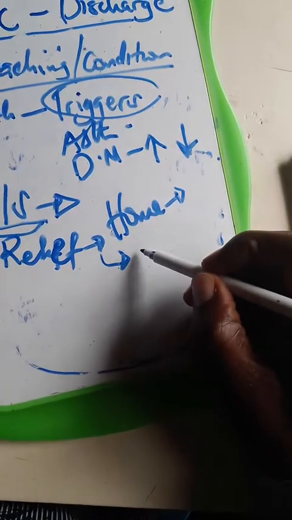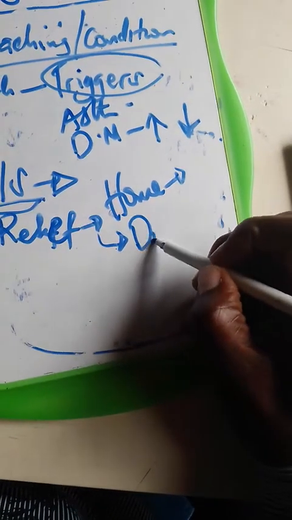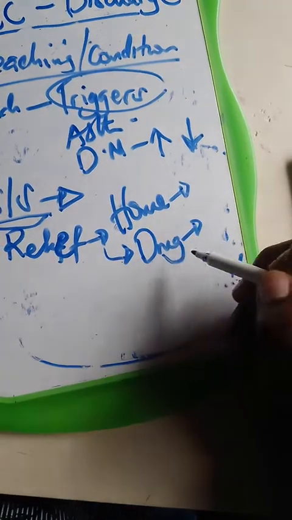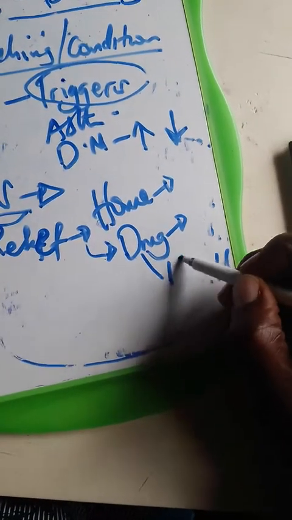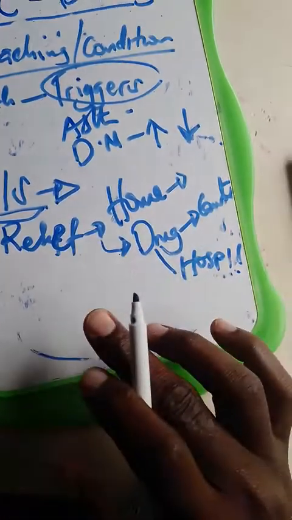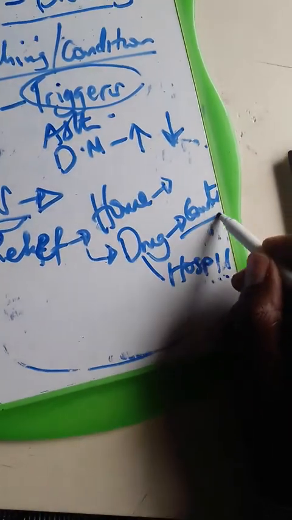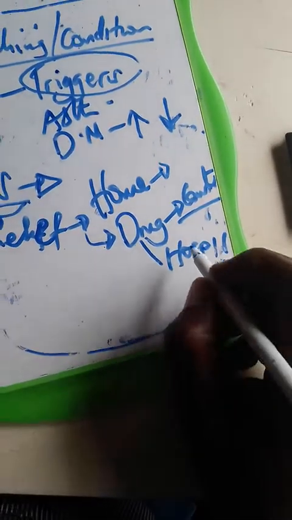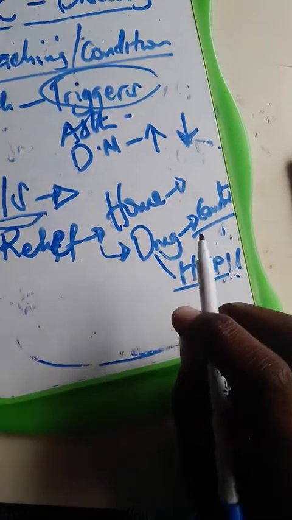Also, you need to teach them about drugs, meaning they should not buy over the counter drugs. They should always get drugs from the hospital so that they recover quickly, because from the counter they might not be prescribed correctly. So I encourage them to go to the hospital.